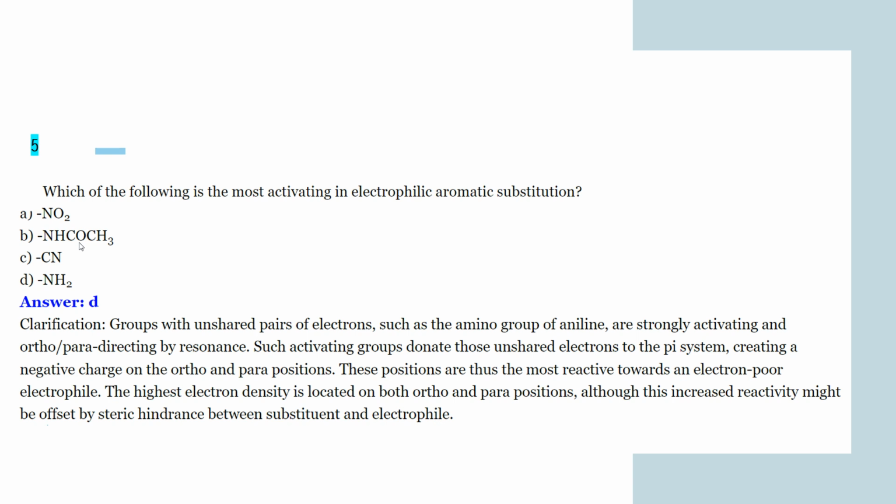CN is capable of forming synergic pi bonds in presence of neighboring electrons. It accepts electrons from the benzene ring, thereby making the ring as a whole electron deficient. As it pulls electrons from the benzene ring forming pi bonds, it is also deactivating the aromatic ring to undergo electrophilic aromatic substitution.